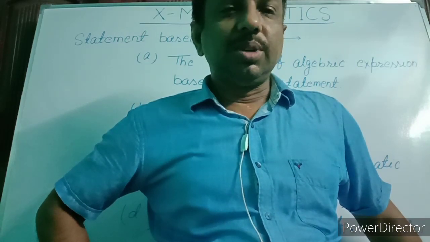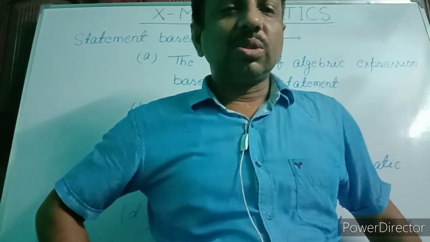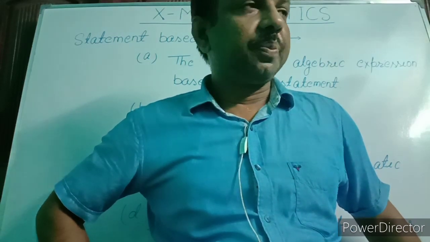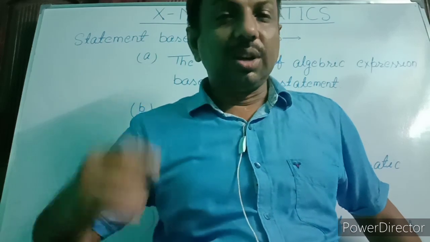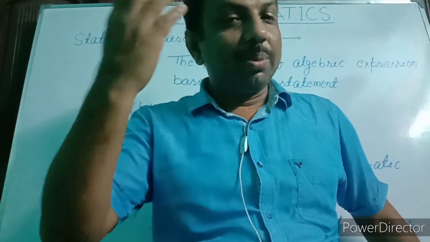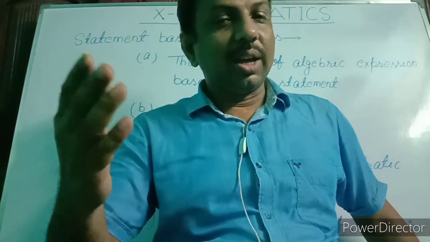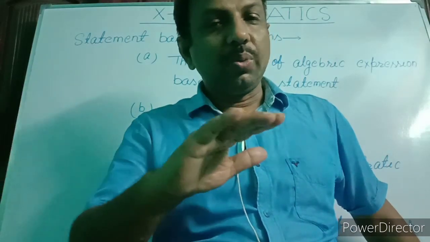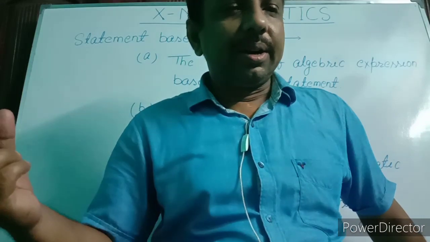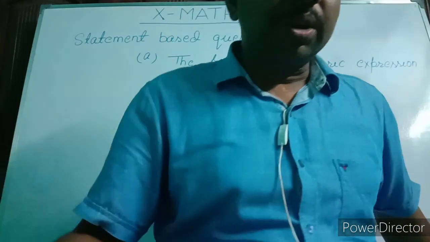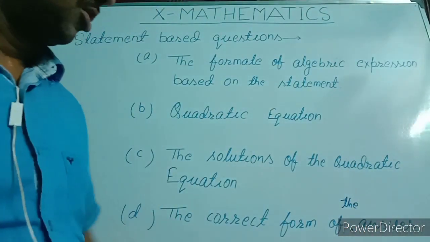After getting x, we have to find x plus 4. Suppose we are asked to find three consecutive natural numbers. You got x, then you have to find x, x plus 1 and x plus 2. We write all these three together. This kind of calculation will give us the correct form of the answer.